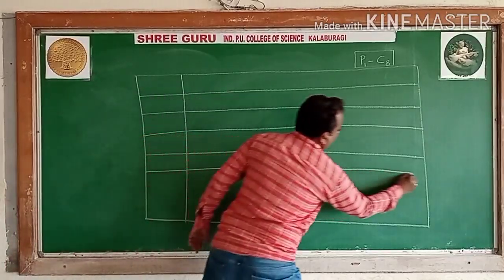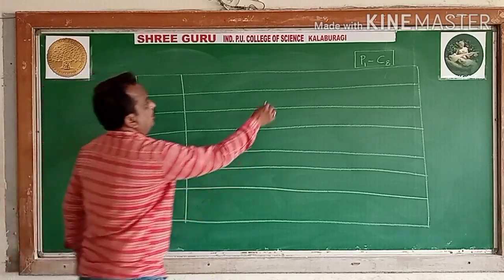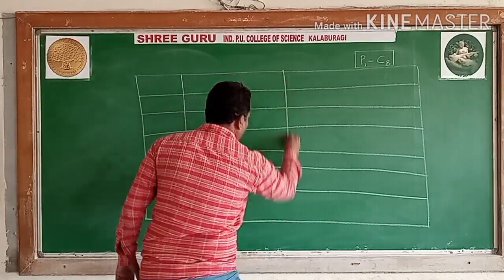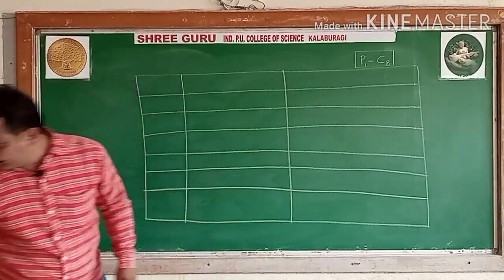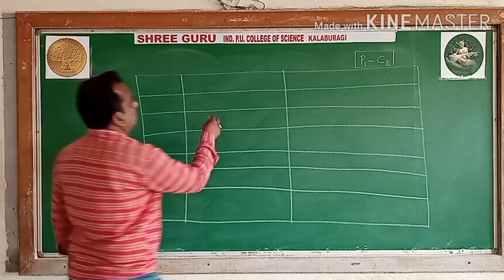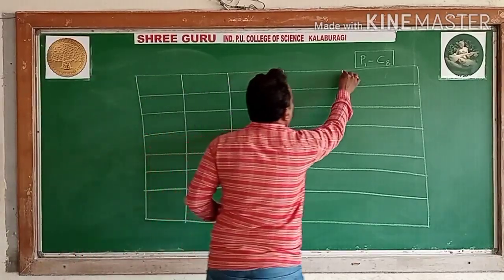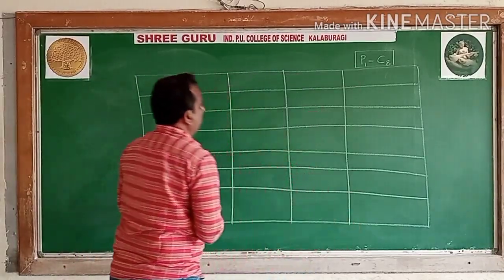The 4 different quadrants: first quadrant, second quadrant, third quadrant and fourth quadrant. What are they, positive or negative?